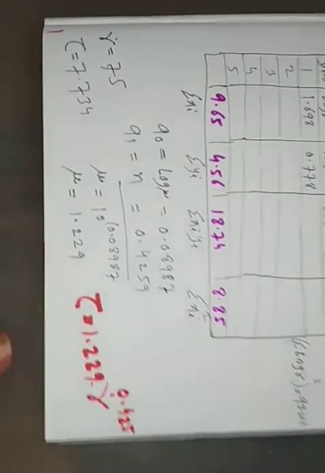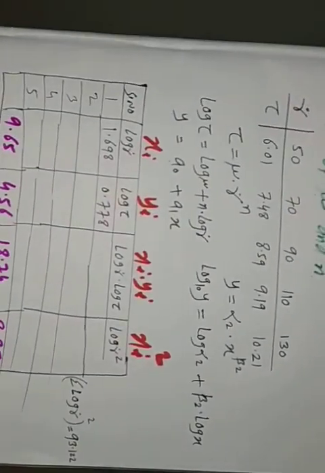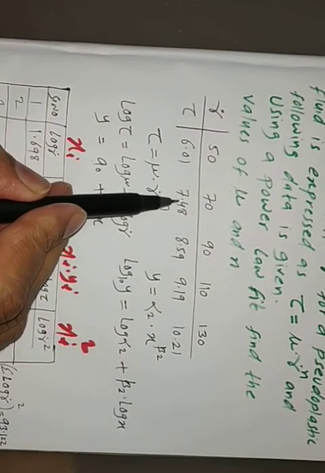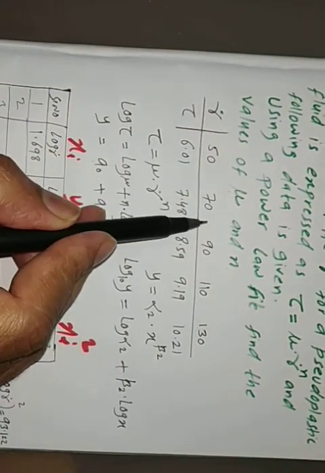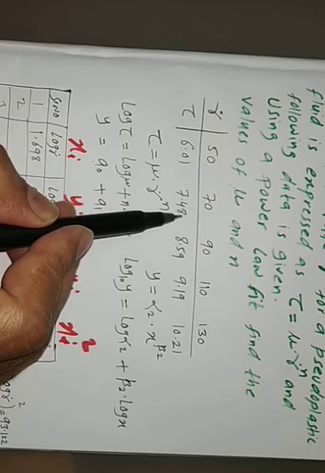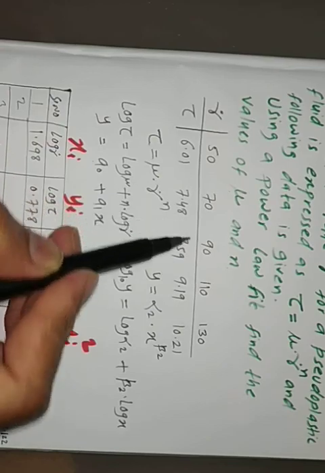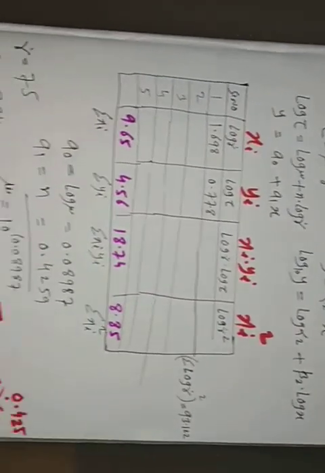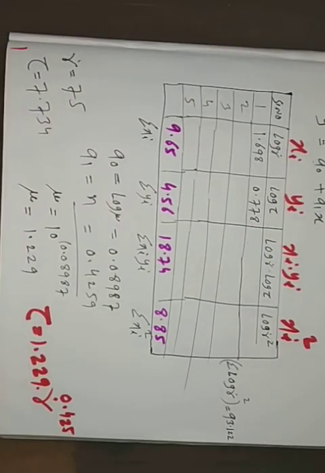Okay, so look into the table. Here we have got this 70, it is 7.48. So at 75 what we are getting, tau is equal to 7.7, and at 90 it is 8.59. So it is in very good agreement.